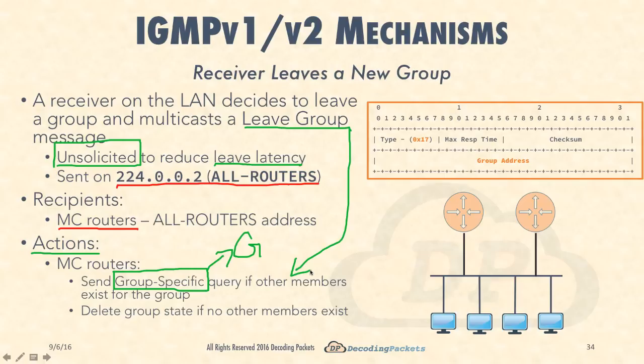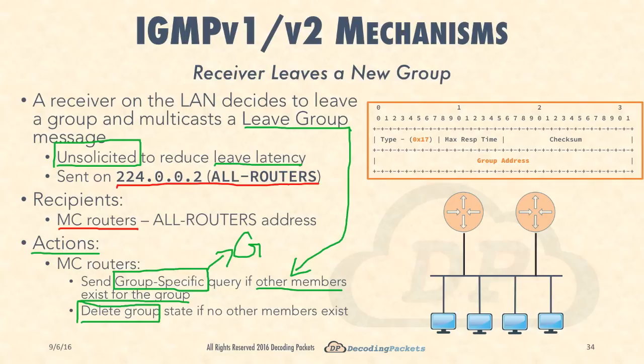And essentially what you're asking is if other members are still interested in that group, if they still exist in that group, and those members should then respond. We'll talk about it in an upcoming slide, but they should respond with a membership report, otherwise the group would just be deleted.